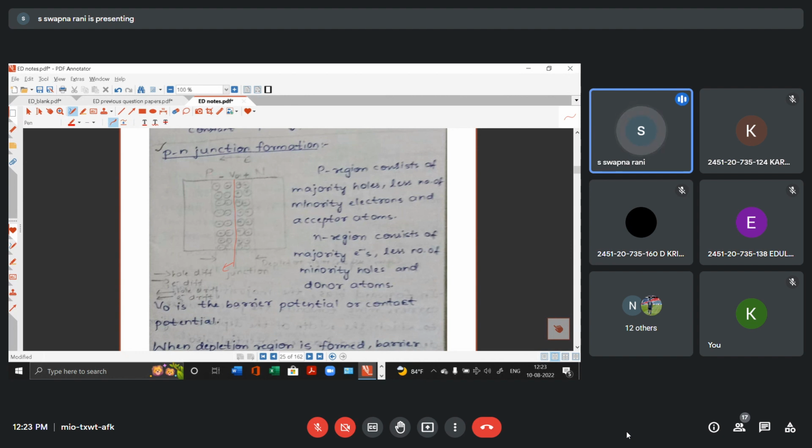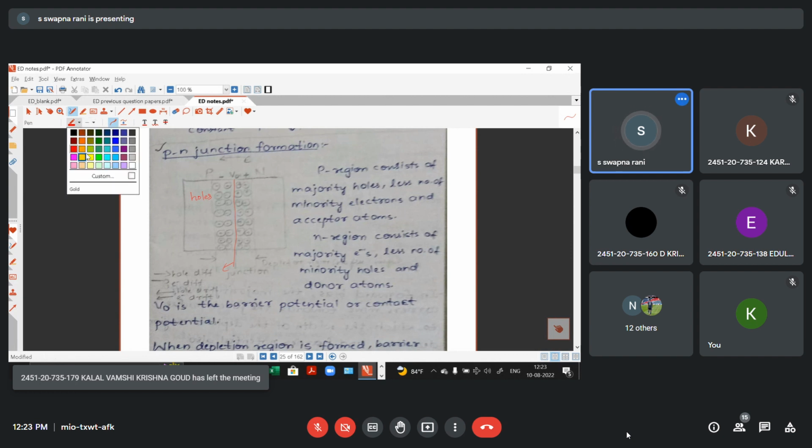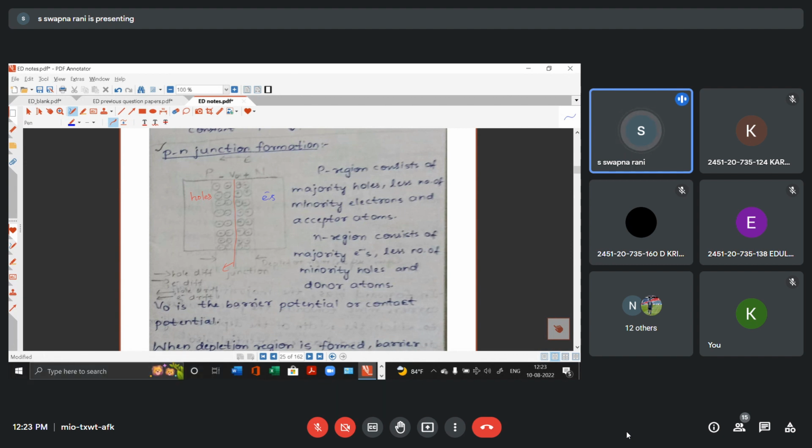Okay, so we know that P-type contains holes as the majority charge carriers, whereas N-type contains electrons as the majority charge carriers. And in P-type, very few electrons will be there.